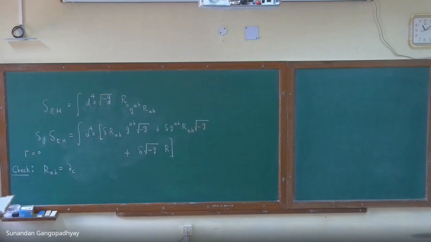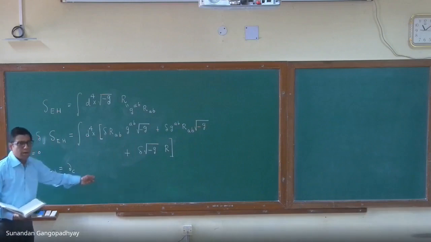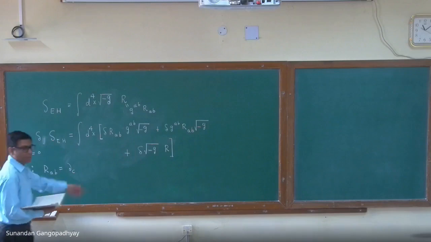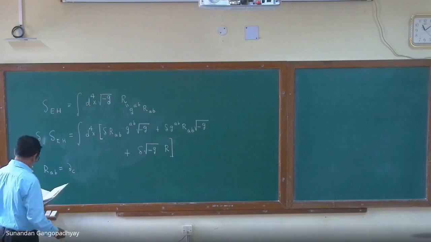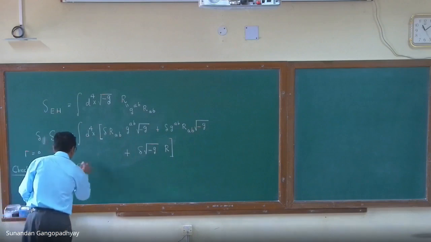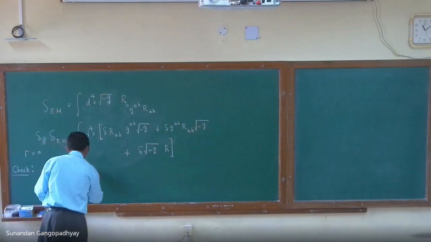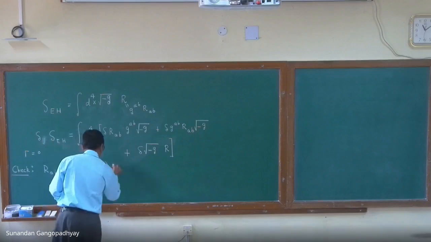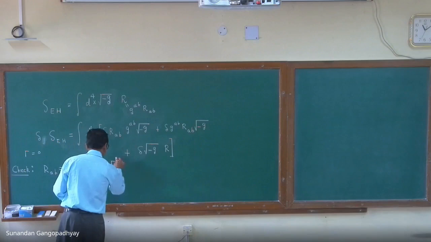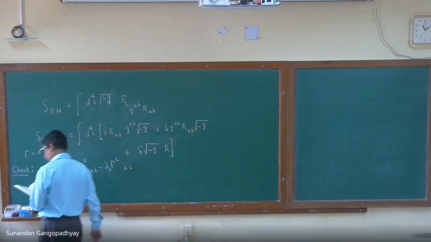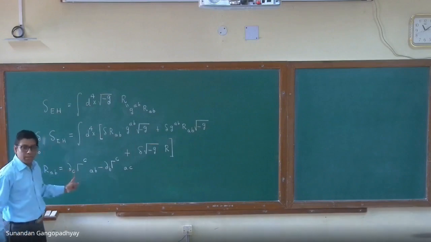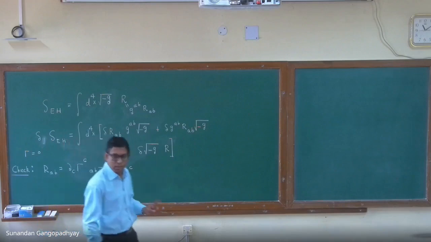I have actually derived this for you many times earlier, but I would like you to once again check this relation. In the geodesic coordinate system, gamma is 0, but that doesn't mean that the derivative of gamma is 0. That is very important.